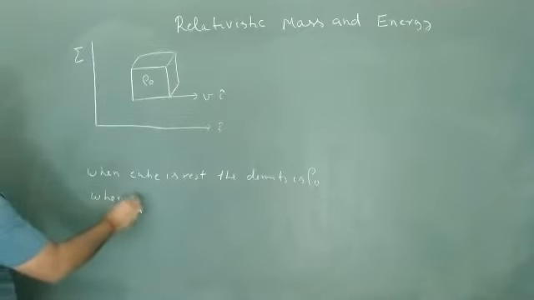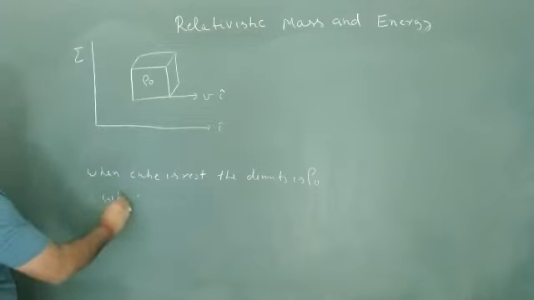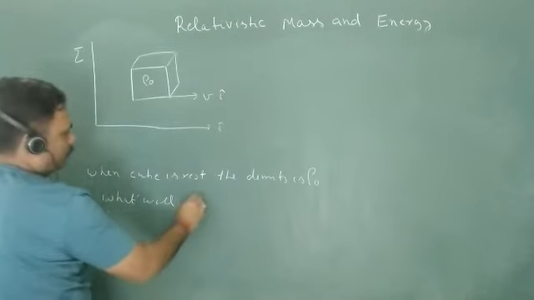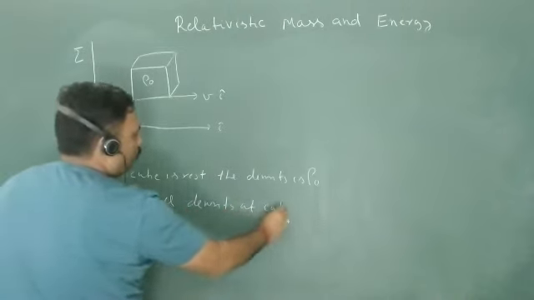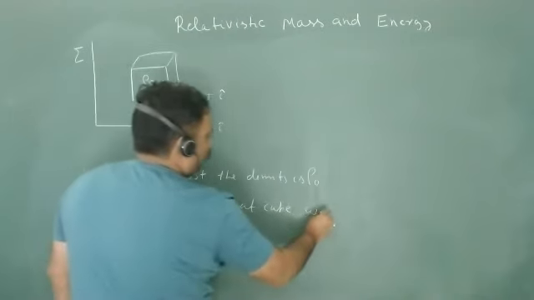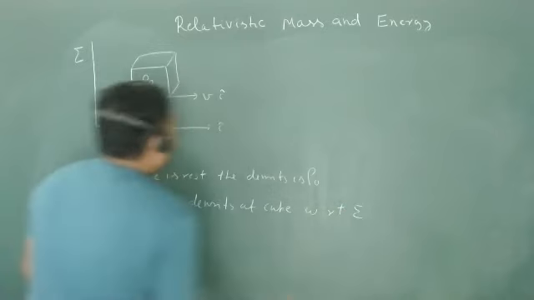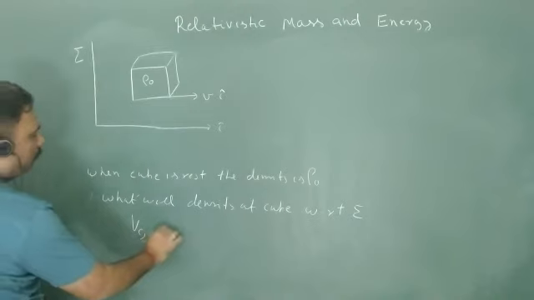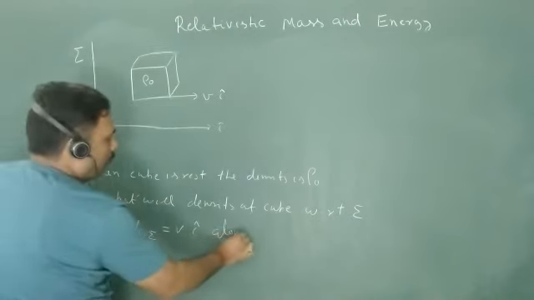What will be the density of the cube with respect to sigma, where the velocity of the cube with respect to sigma is v in i cap direction along one edge of the cube?